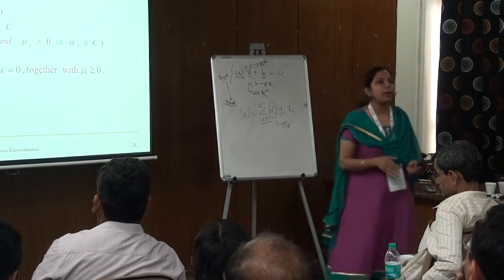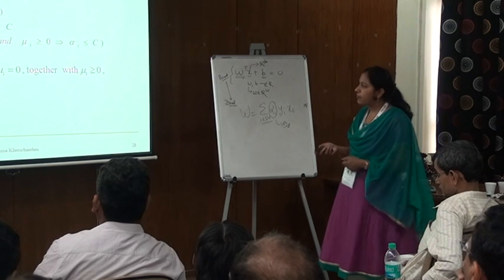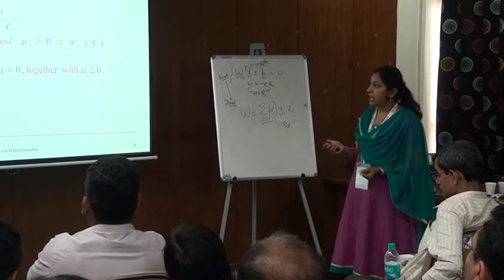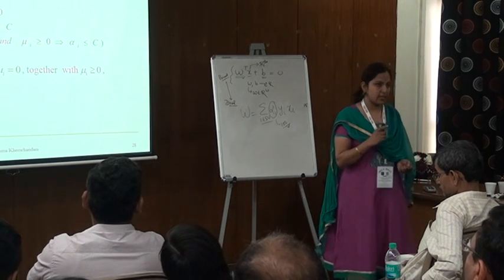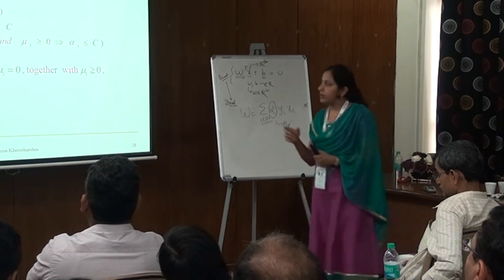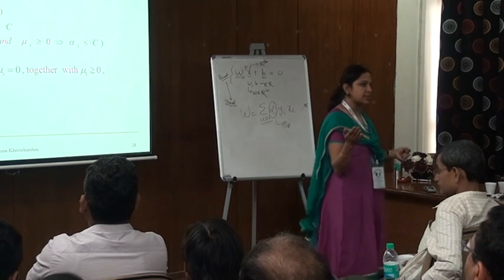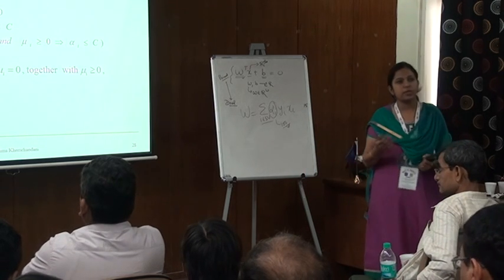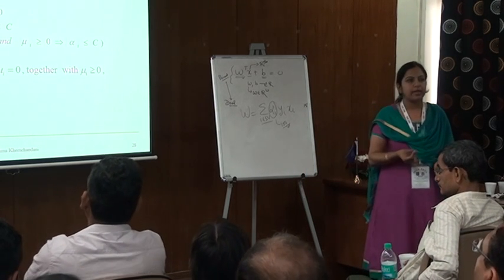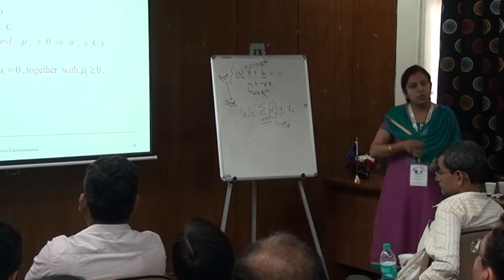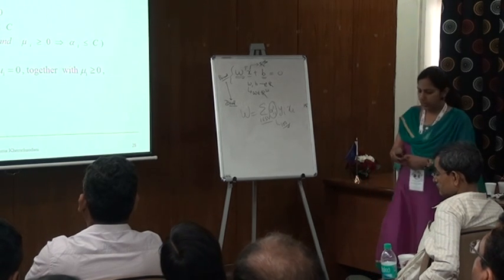Now we are bounding it above by C, and C is user defined, as I said. So in the case where C takes a very large value, alpha is free to take as large a value as possible, and where C takes a very small value, let's say 0.1, then alpha is bounded between 0 and 0.1.